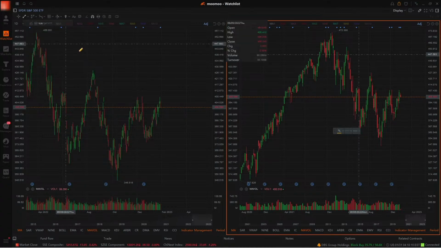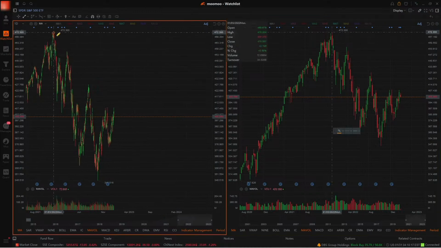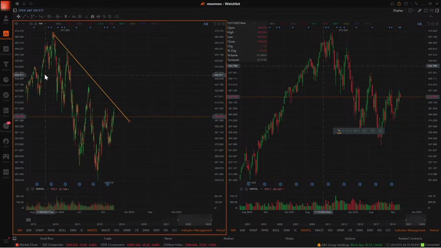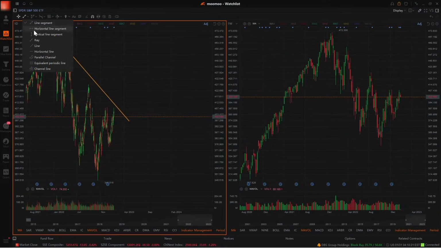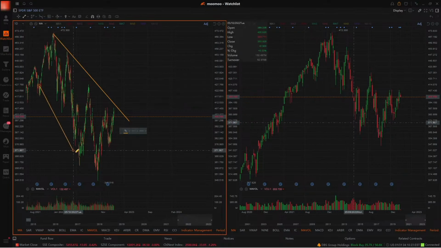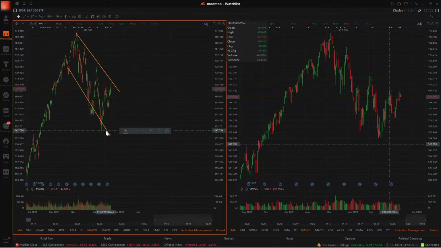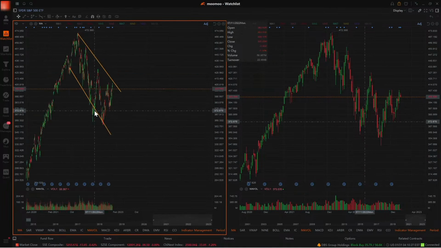So let's say we draw a channel. I just do it one more time for the lower channel. This is one of the simplest ways to draw the channel. Of course, if you have more knowledge, if you are a pro in drawing this kind of chart, then I believe you will know how to navigate once we share with you how to activate the tool on our platform.